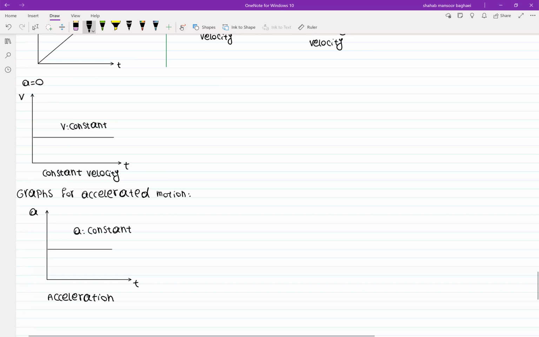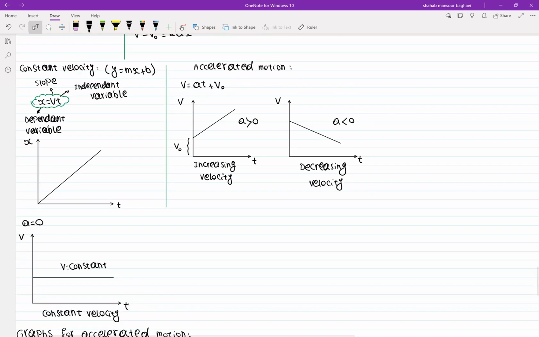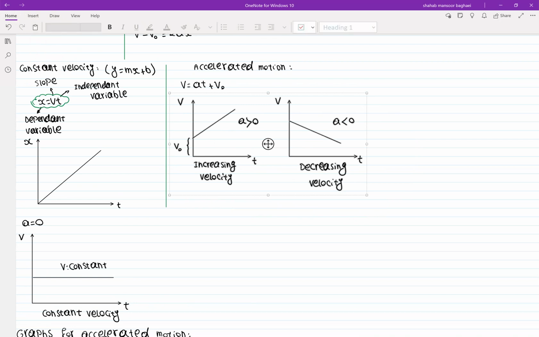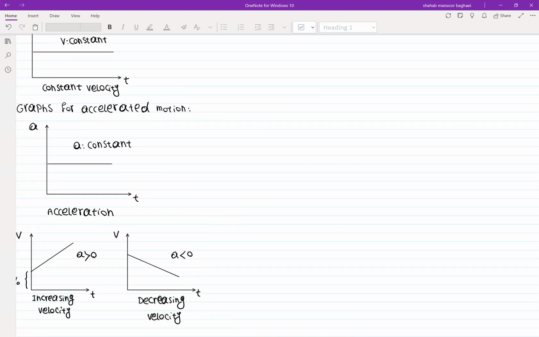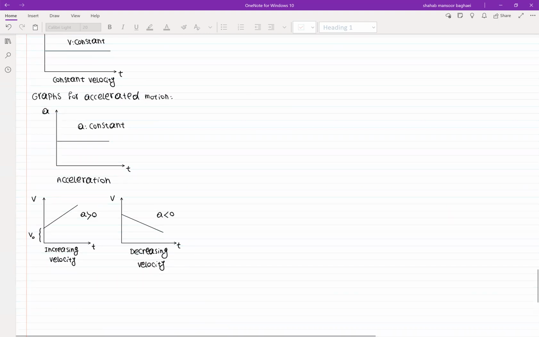Okay, the next graph is related to velocity, and I talked about the velocity before. If you remember, I prefer to make a copy and paste here. These are graphs for velocity, depending upon the type of velocity, maybe increasing velocity or decreasing velocity.